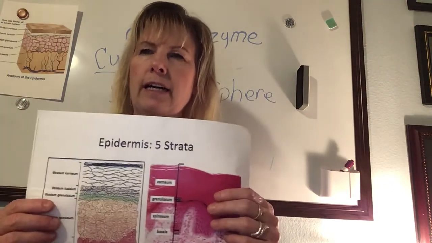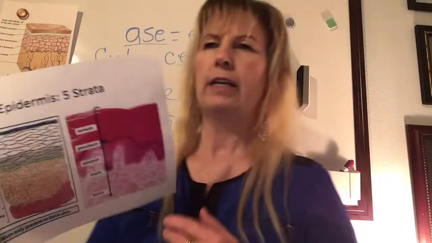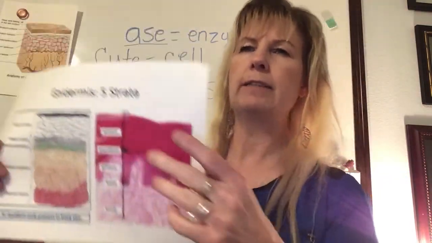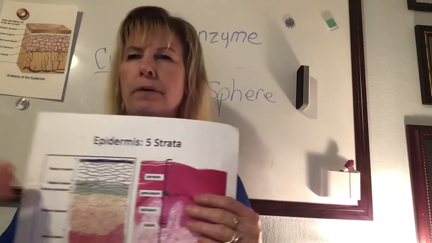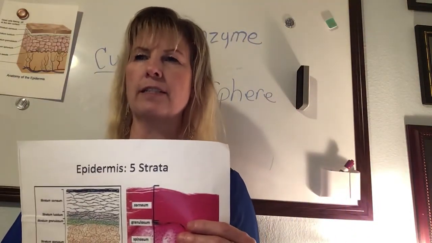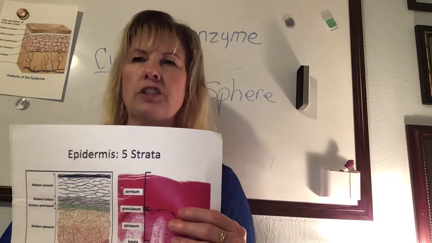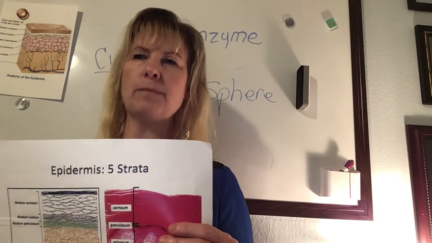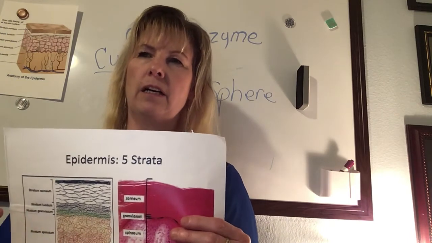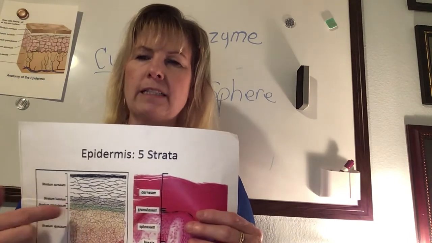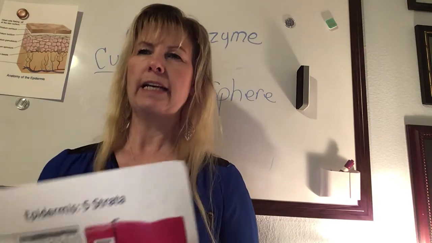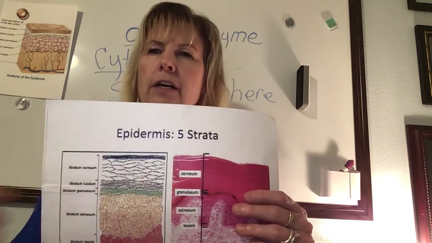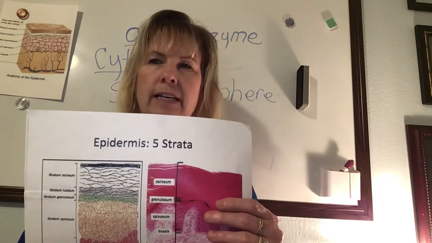The next layer up is the stratum granulosum, this green layer again. That's where the production of keratin granules in the cells happens, plus additional lipid production, excretion, and desmosomes. They are dissolved by enzymes in there. Okay, so the stratum lucidum, the next layer right here, is where the clear cells live.